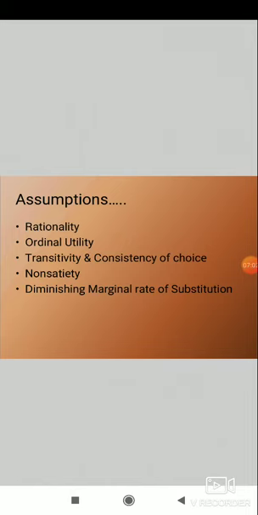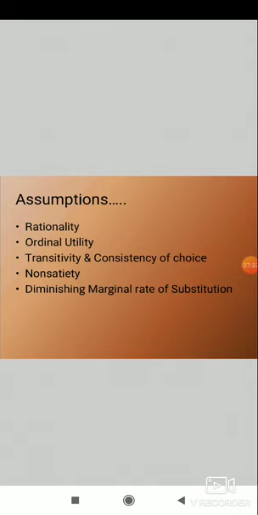The last assumption is that the indifference curve is based on a diminishing marginal rate of substitution. The marginal rate of substitution means the rate at which a consumer is willing to substitute one commodity for another. That is, the units of Y he is willing to give up for 1 unit of X so that his total satisfaction remains the same.